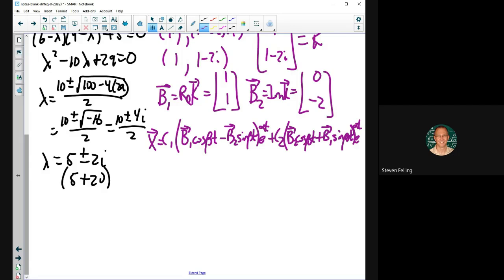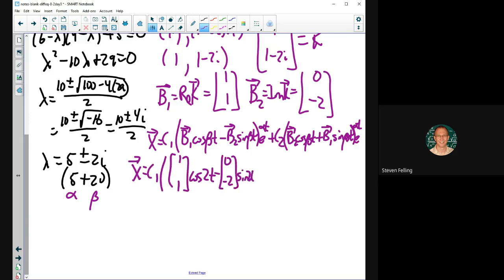So now I'm going to plug in all the different things. Remember, this is my alpha and this is my beta here. So the solution here is C1, and then B1 is the vector 1, 1, times the cosine of beta, which is 2t, minus B2, which is 0, negative 2, times the sine of 2t.